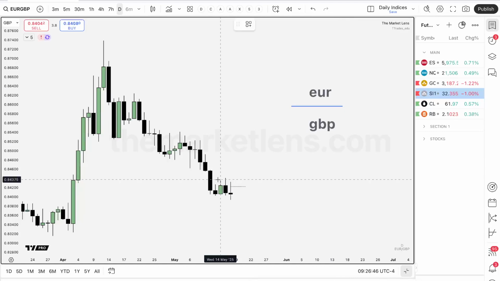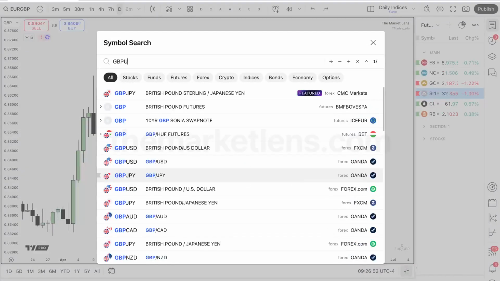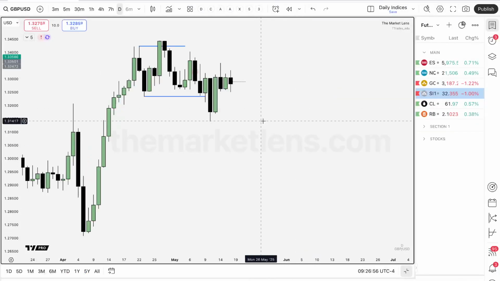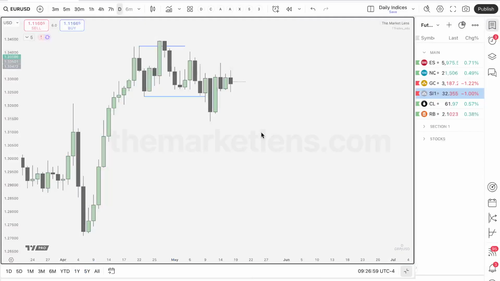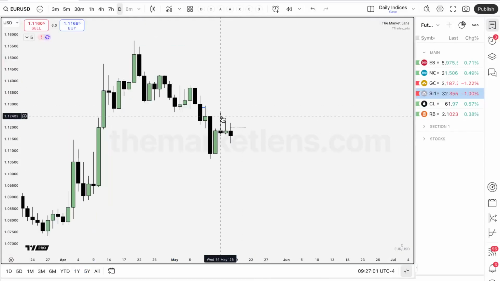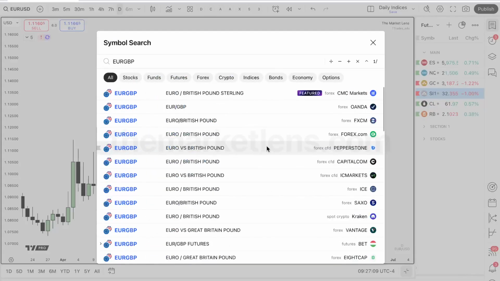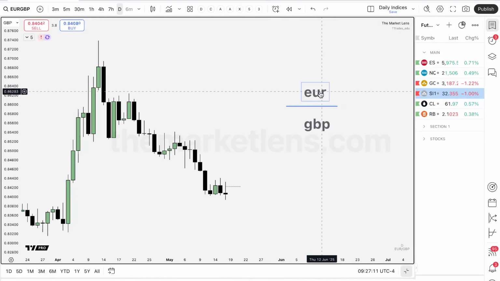So if it's currently in a bearish trend, it means that GBP is stronger than Euro. So if we go to GBP USD, that's going to be more bullish than Euro USD, which is more bearish, right? So if I want to short Euro, then I want to be shorting Euro, if I want to long pound, right? So that's how I would use Euro GBP to determine relative strength and weakness.